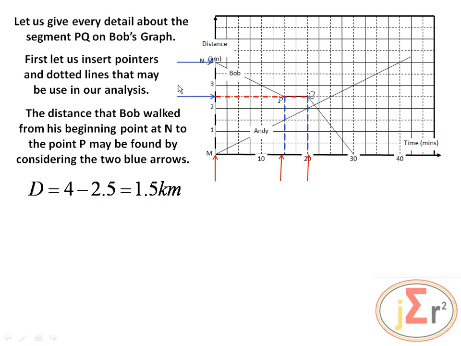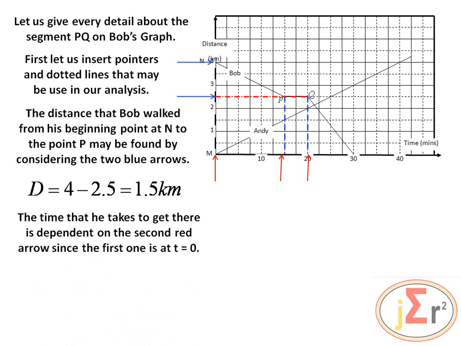So D is equal to 4 minus 2.5. The upper or the larger value is 4 kilometers and the smaller one is 2.5 kilometers. So 4 minus 2.5 is 1.5 kilometers. That is the distance that Bob walked.